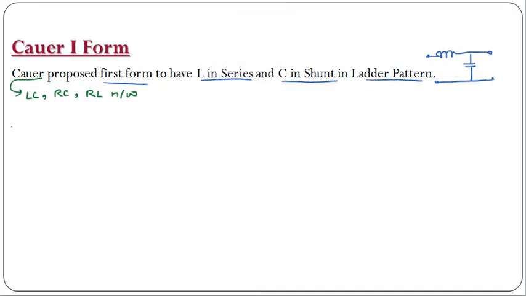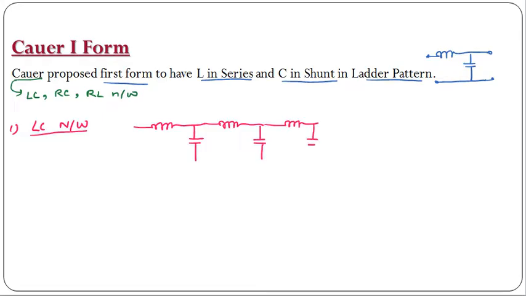First let us start with the LC network. In the LC network we have an inductor and capacitor. As I told you, in Cauer first form the series branch has an inductor and the shunt branch has a capacitor, and it will repeat. The L and C pattern repeats in the ladder form, known as a ladder circuit.